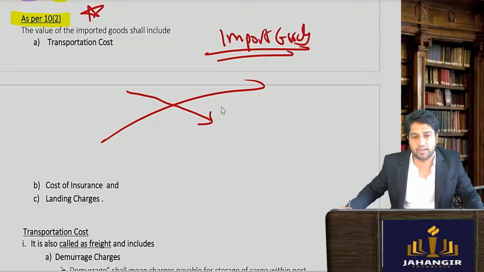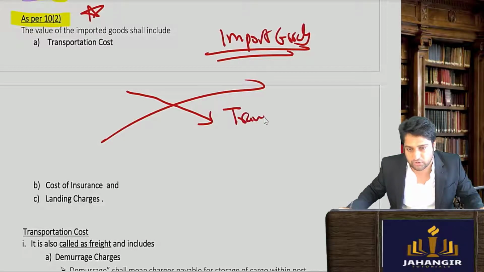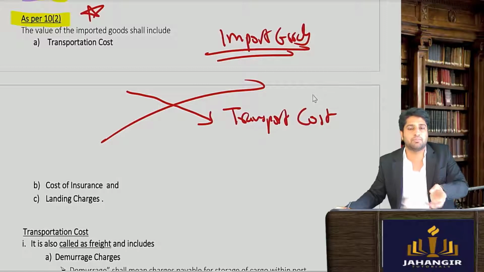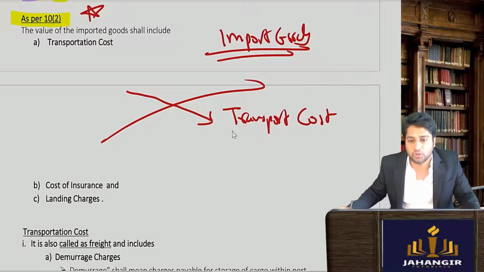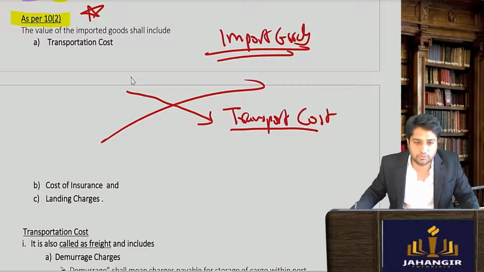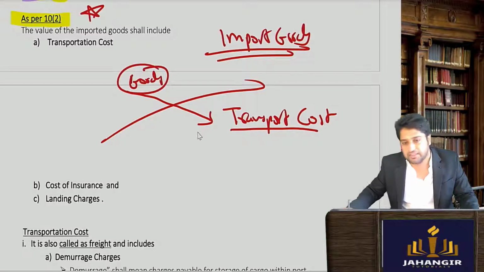For example, your transportation cost. You must have carried the goods by ship, cargo, plane or land route. You must have paid some transportation cost. So it is possible that the goods are yours, but to make the import possible, you must have paid transportation cost.